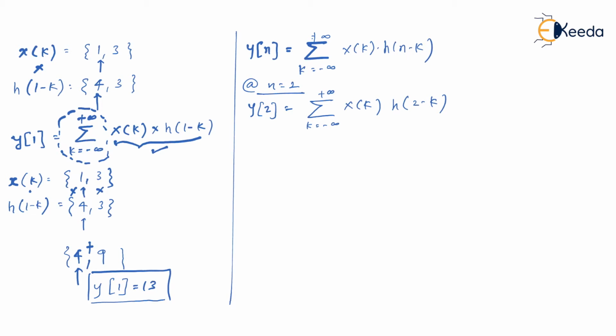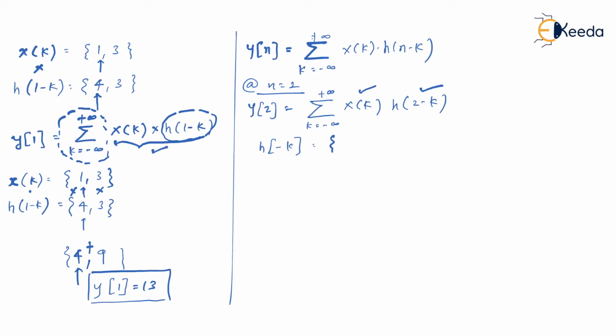If you remember, in the first step we had h of 1 minus k, and how did we get it? We delayed h of minus k by 1. Similarly, to get h of 2 minus k, we will delay h of minus k by 2. So x of k is already with us. h of 2 minus k is something that we need to obtain now. Recall what was h of minus k?